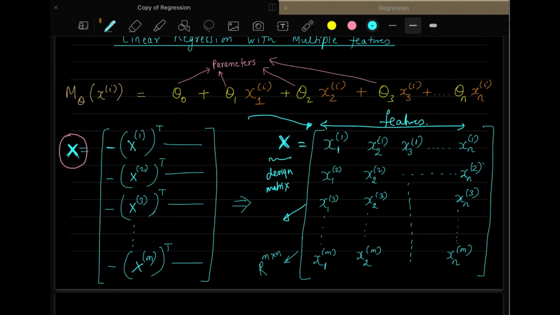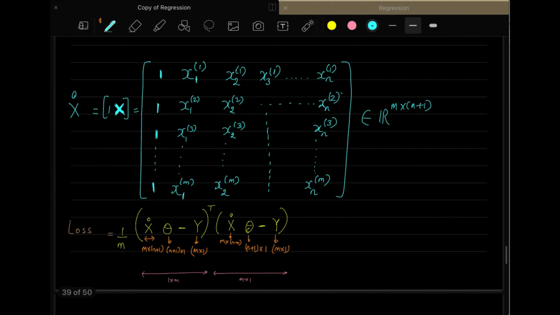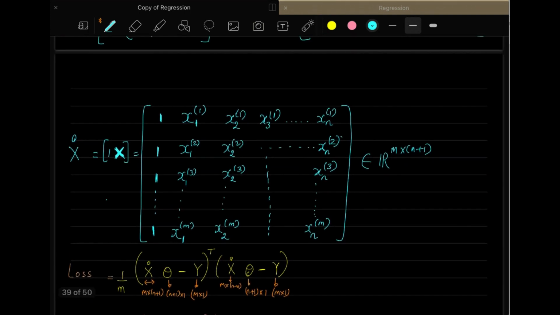So this is the design matrix that you obtain, and once you have this, you again append 1 like the one which we were doing in the single case. So it's just the replica of what we have done for the single case. Now the dimension is m cross n plus 1. In single variable, we only had this term and this term.